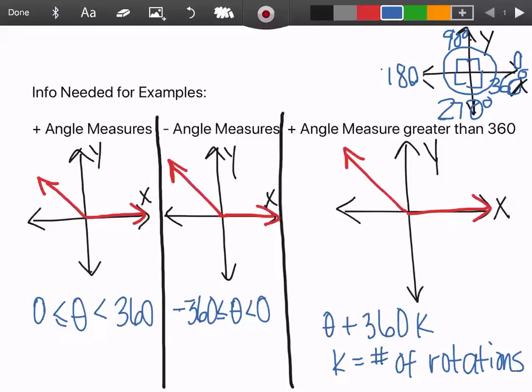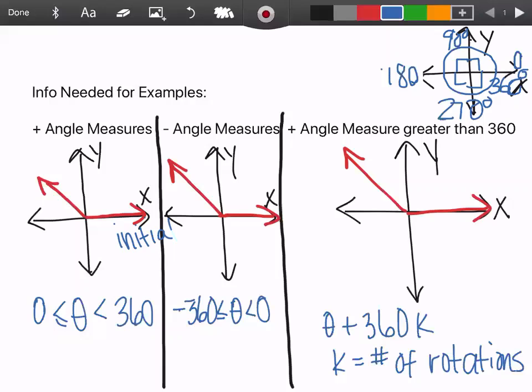So now if we look at angle measures, we have different types of angle measures we could find given identical angles on the XY axis. All three of those angles are the same. If we want a positive angle measure, we're going to start at the initial side. And there's always an initial and a terminal side of the angle.